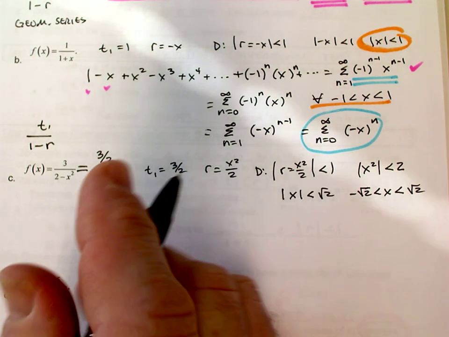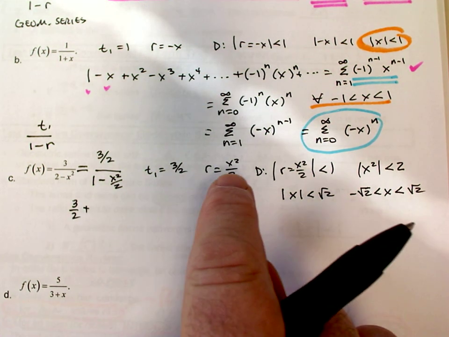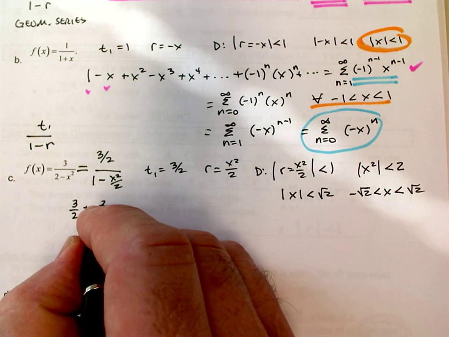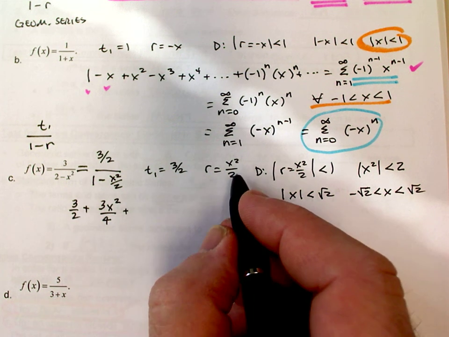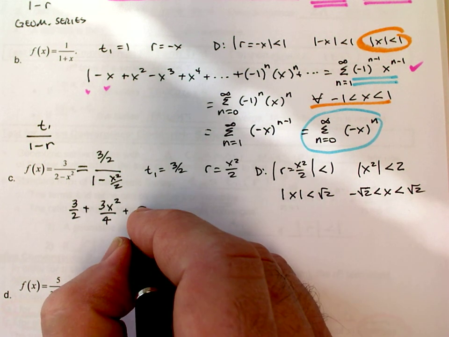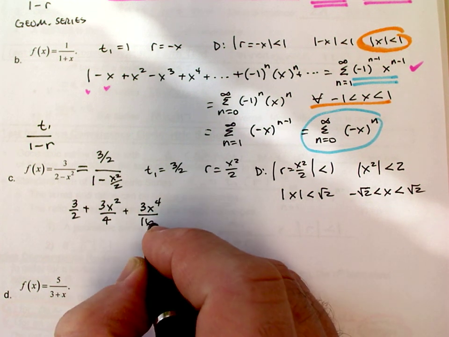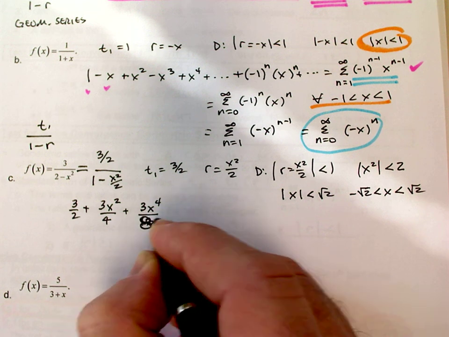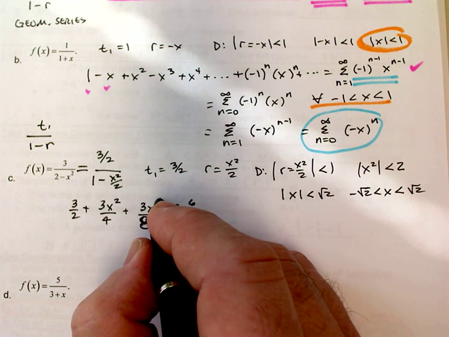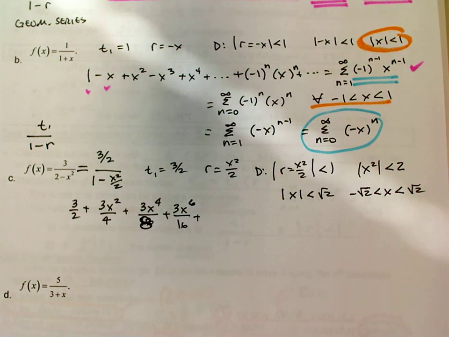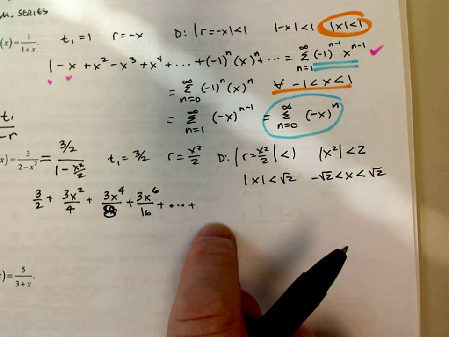We're going to start out with our first term, 3/2, plus our next term will be 3/2 times this, which would give us 3x squared divided by 4, plus, multiply again by x squared divided by 2, 3x to the 4th over 8, plus, we'll do one more here, adding our exponents and multiplying, should give us something that looks like that, plus dot, dot, dot, and this will be the general term.